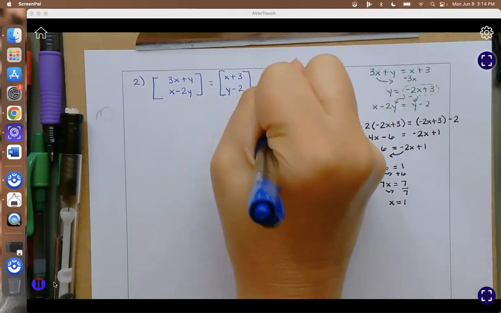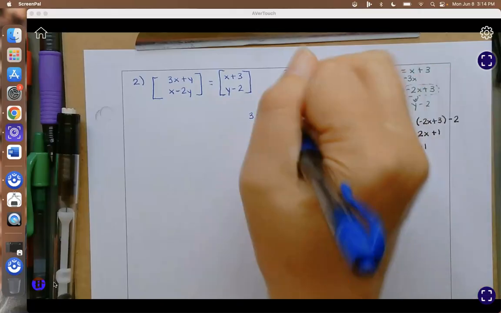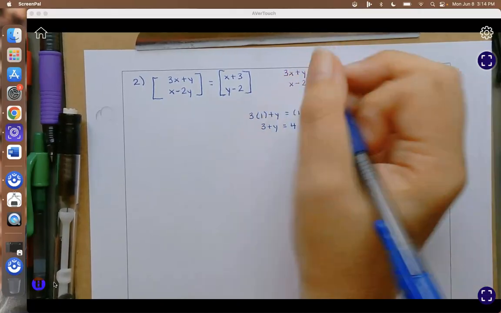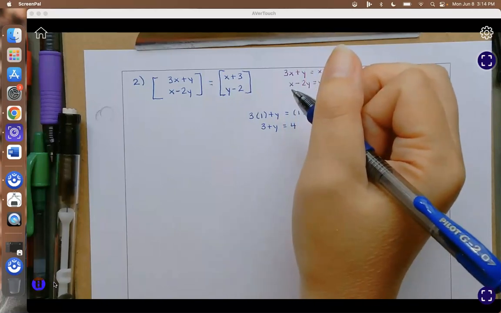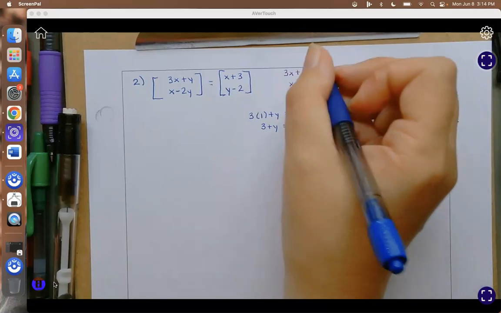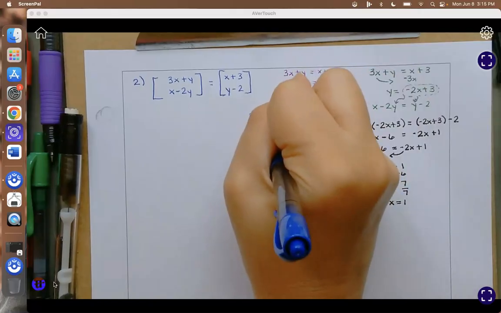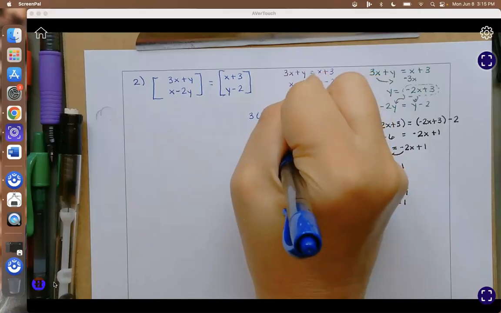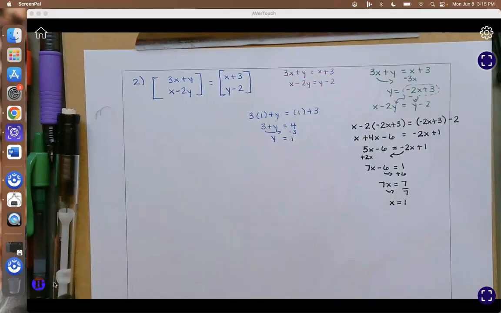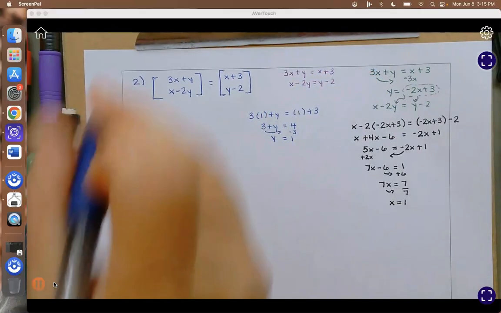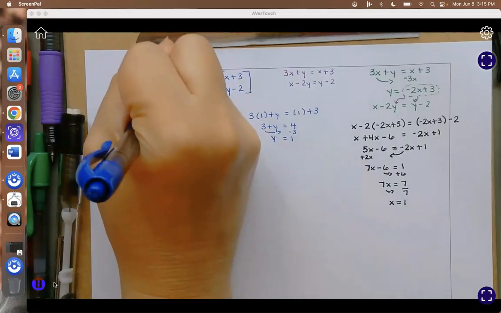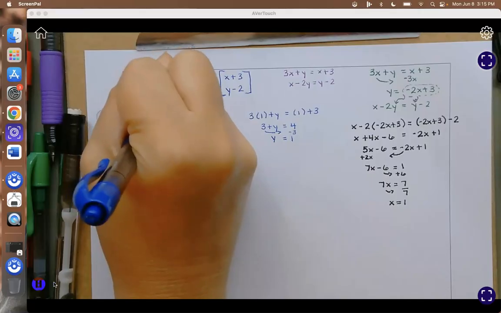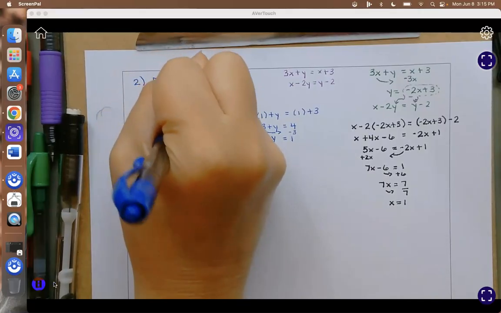So this becomes 3 plus y equals 4. Okay. Now, we move the 3 over by subtraction, and y is 1. So my answer: x is 1, y is 1.